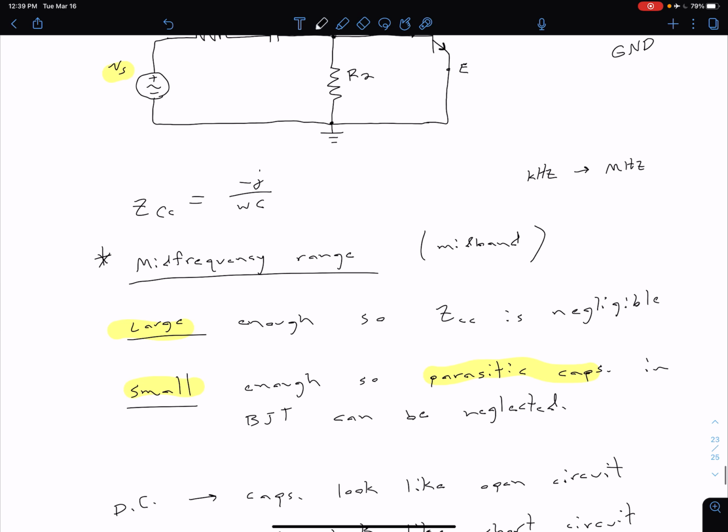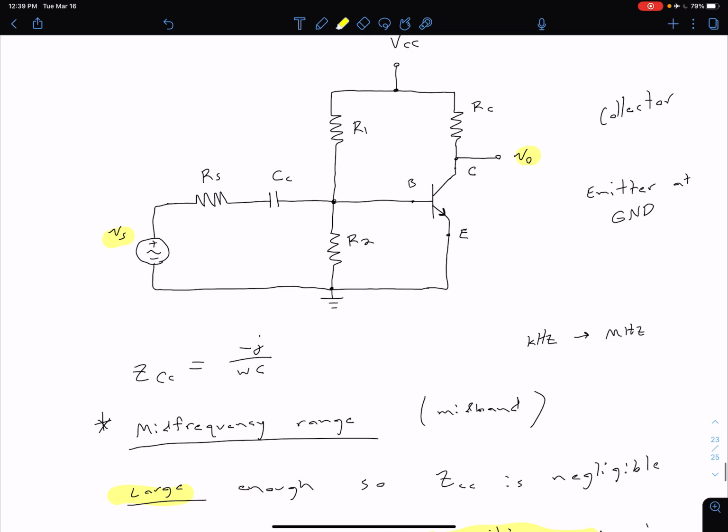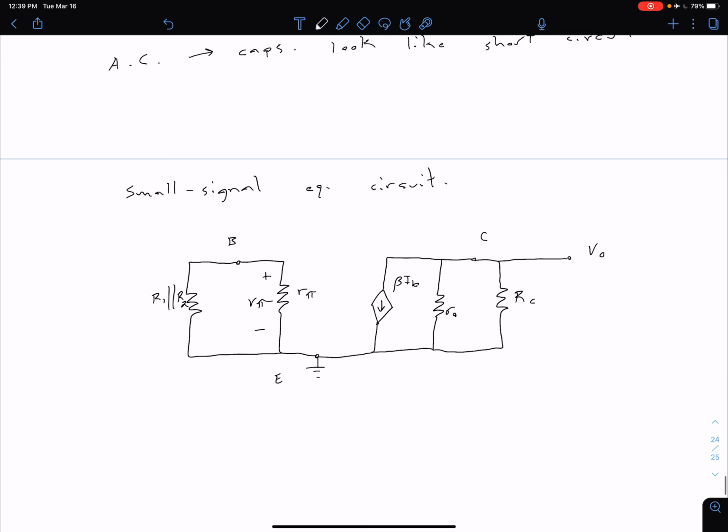So then finally, we want to connect our input here. Remember, we've said this is going to be acting like a short circuit for AC signals. So we just have our RS and our VS connected between our base and ground. Coming back down here then, we're going to have some resistance RS, and then our small signal VS. So this was our RS, and that RS is just some internal resistance associated with our source.